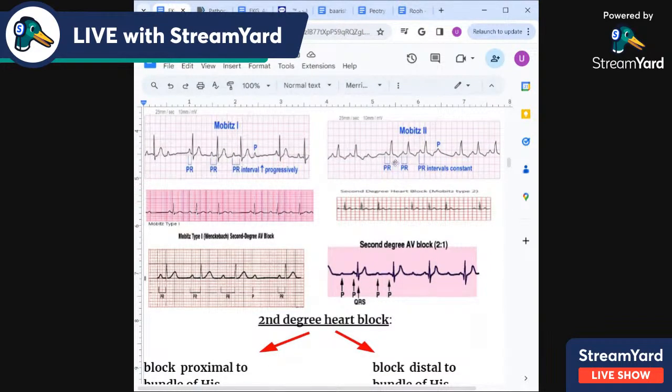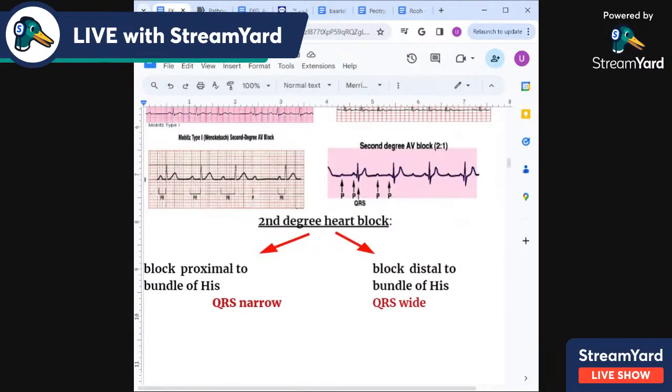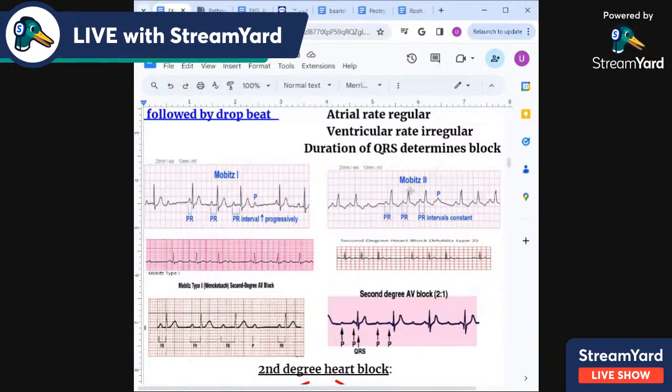Compare these boxes. They are fixed, same in position. Whereas here, this box was increasing in Mobitz type 1. So in Mobitz type 2, there is a fixed PR interval followed by a drop beat also. Both Mobitz type 1 and type 2 second degree heart block have a drop beat, but in Mobitz type 1 there is a progressively increasing PR interval followed by a drop beat, whereas in Mobitz type 2 there is a fixed PR interval followed by a drop beat.